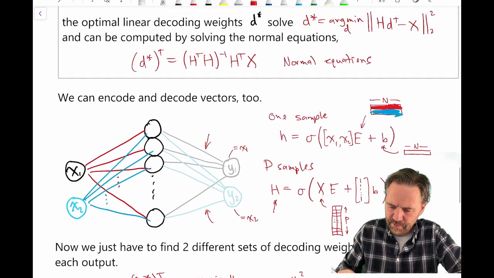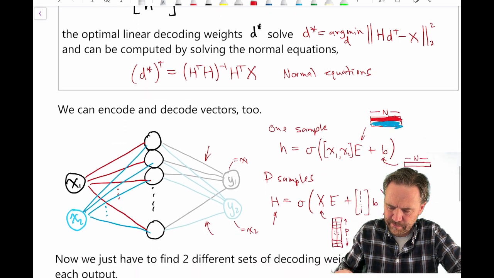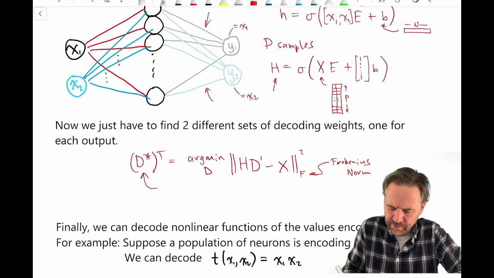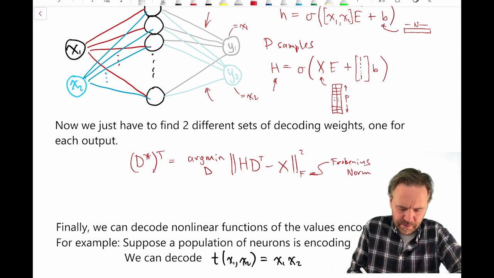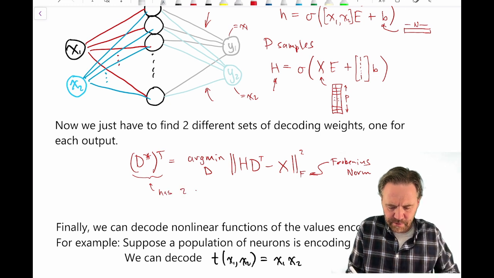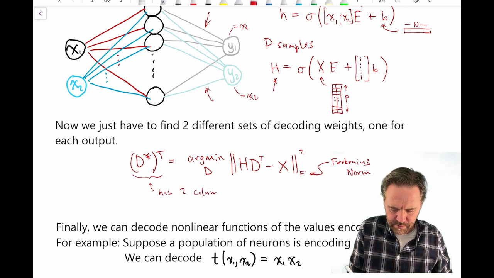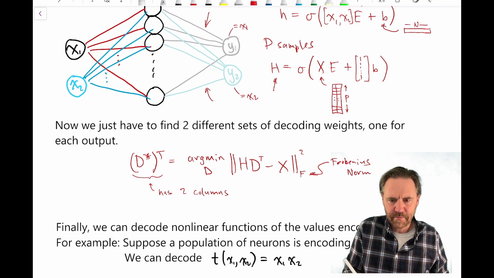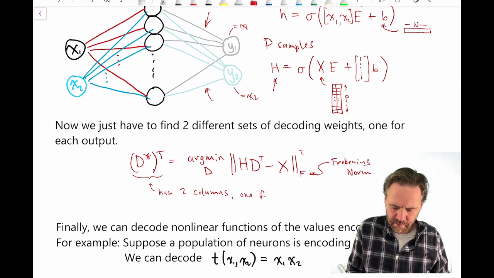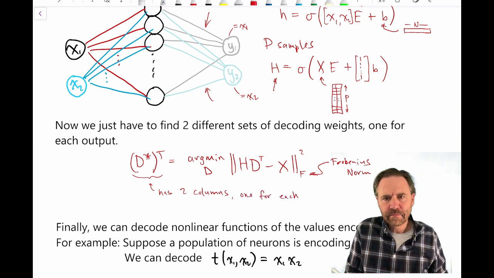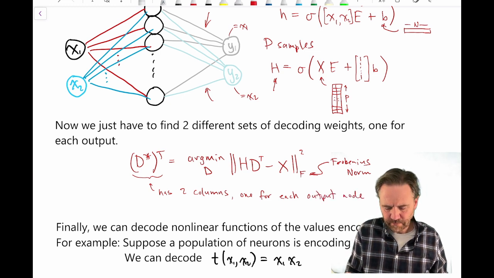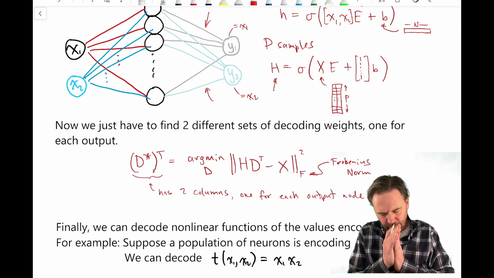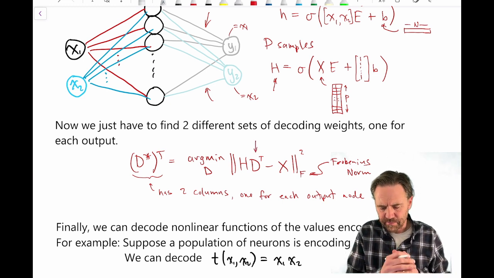Is that supposed to be transposed there? I guess we want that to be transposed. So this whole thing here has 2 columns, one for each output node. So that means this thing here has two columns.